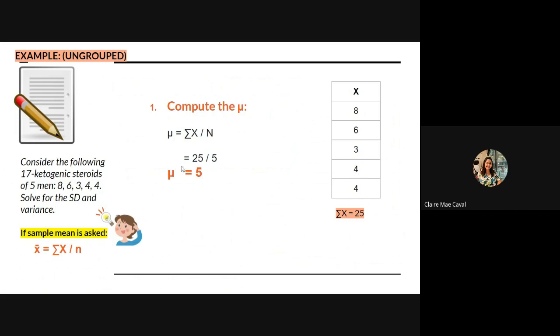So yung numerator nyo dito dapat 25 divided by the denominator 5, that is equal to 5. So your population mean is equal to 5. If sample mean is asked, it's still the same, but this time x bar is the symbol that denotes sample mean and small n denotes your sample size. Okay?